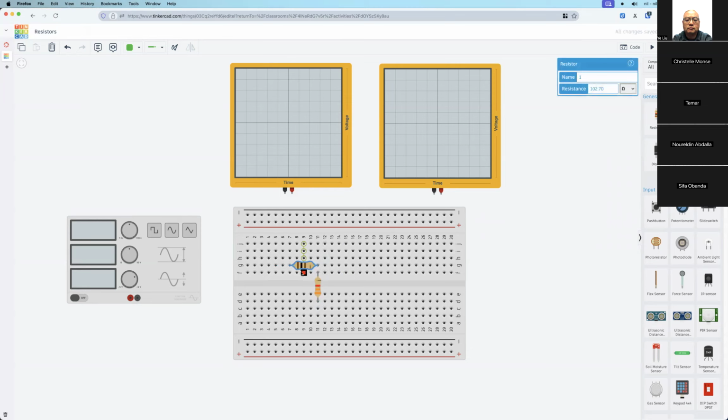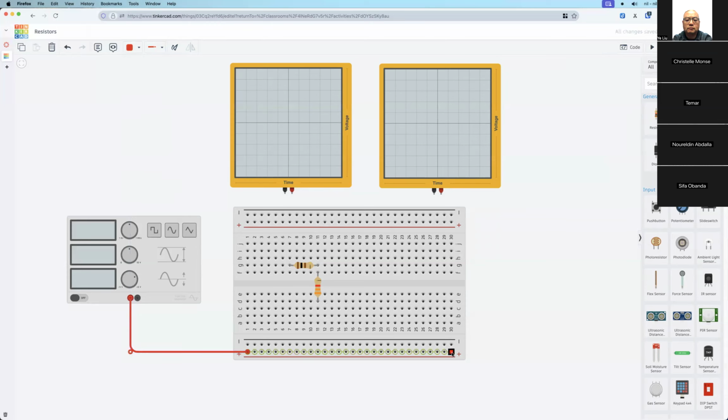This way, we know these two are connected, right? Then let me check. Last we need the power. Let's connect to the positive power line of the breadboard, so go to red.